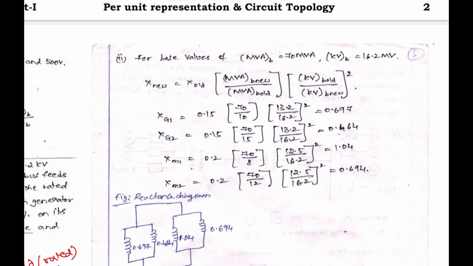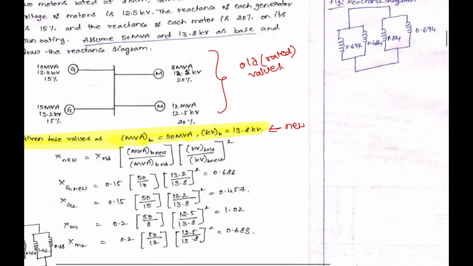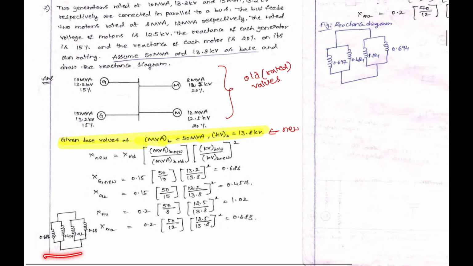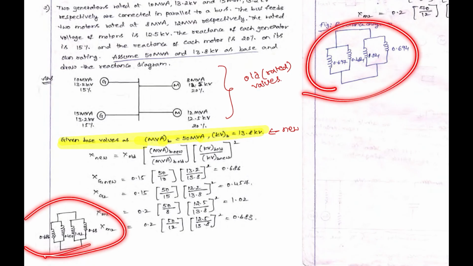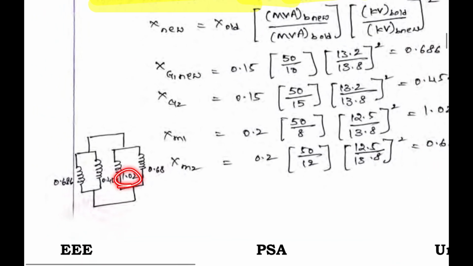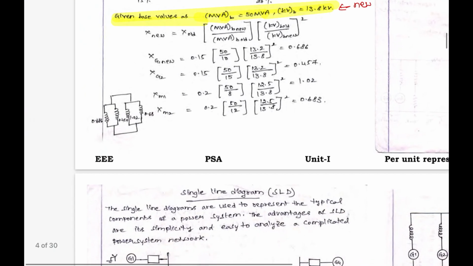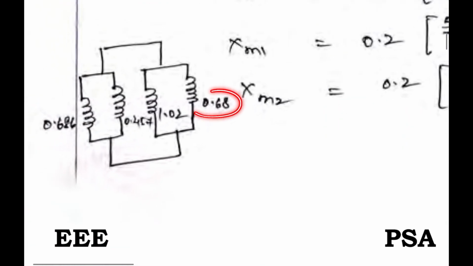Here you can observe the comparison of the values of these two diagrams. Here we have 0.697, 0.686, 0.464, 0.457, 1.04, 1.02, and lastly 0.694, 0.68.